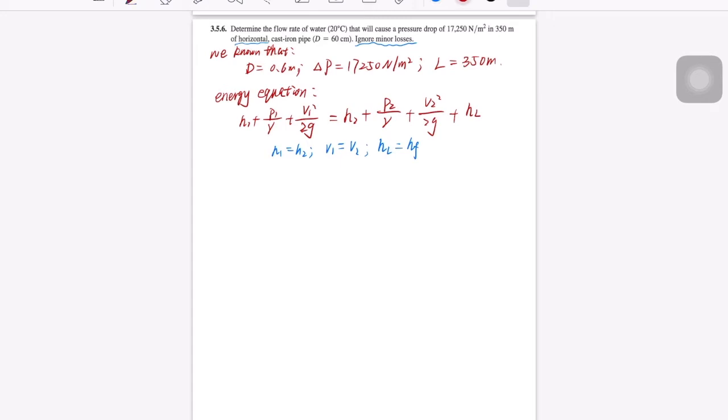And now the energy equation can be written as P1 minus P2 divided by gamma equals HF.